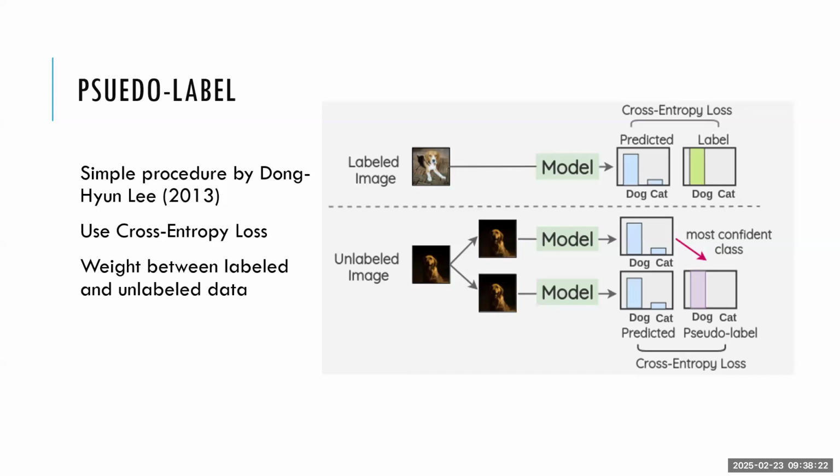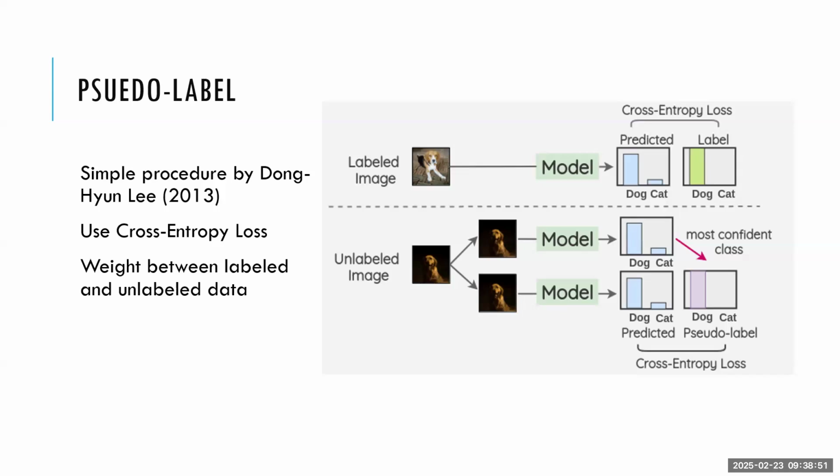So we have an approach: if you think that the pseudo label is inaccurate, perhaps you can use weight to control how much the error from the real label and the pseudo label counts.